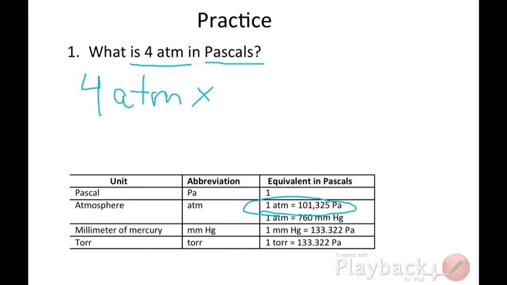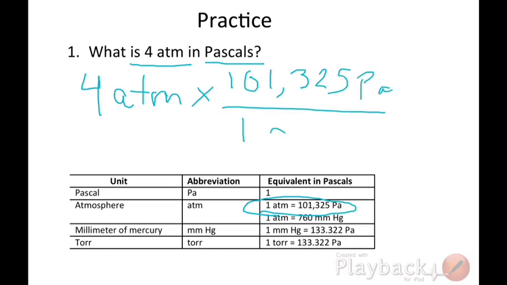We want pascals in the numerator, and we want atmospheres in the denominator. Our atmosphere units are going to cancel. And then we multiply to find our answer.